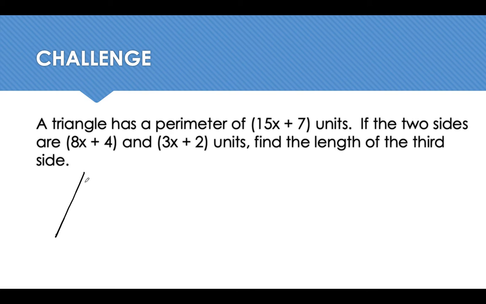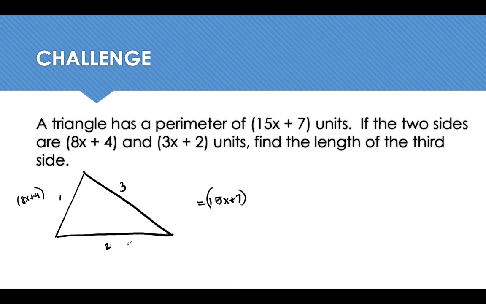So we have a triangle. It doesn't really matter what type of triangle it is. It's just saying the perimeter, which is the sum of all 3 sides, is 15x plus 7. And then it's telling us that 2 of the 3 sides, we don't know which ones, it doesn't matter, are 8x plus 4, so let's just say that this is 8x plus 4, and this is 3x plus 2.